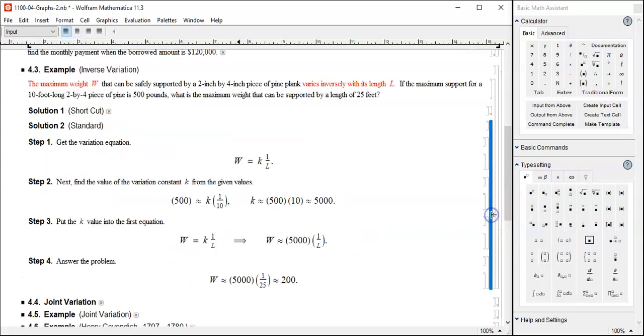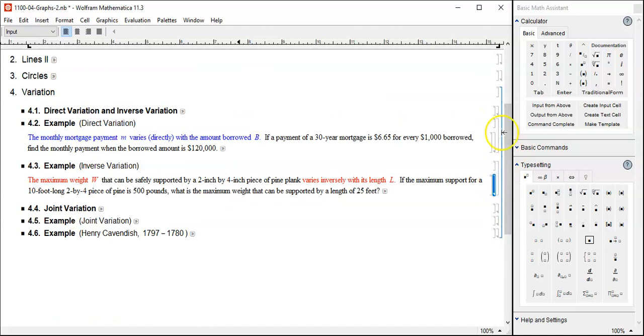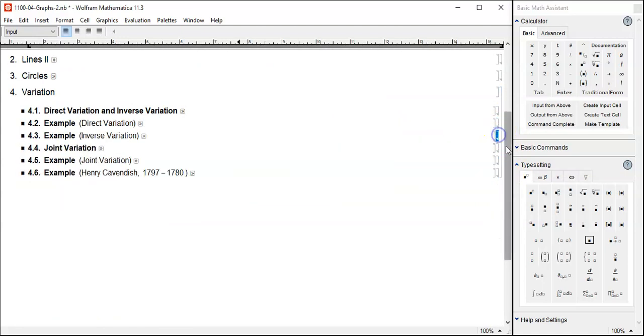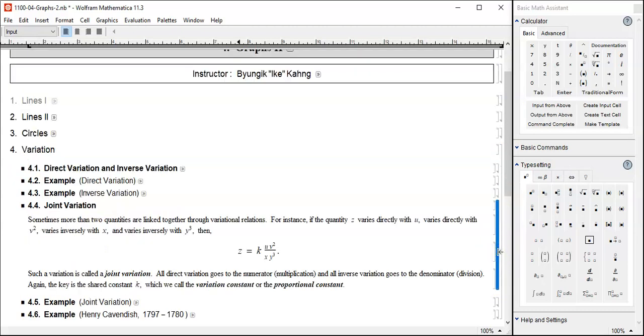All those are explained again step by step here in this answer key. Please remember this method, the 4-step method, and do some practice. And after sufficient practice, we can go over to far more complicated problems like these.